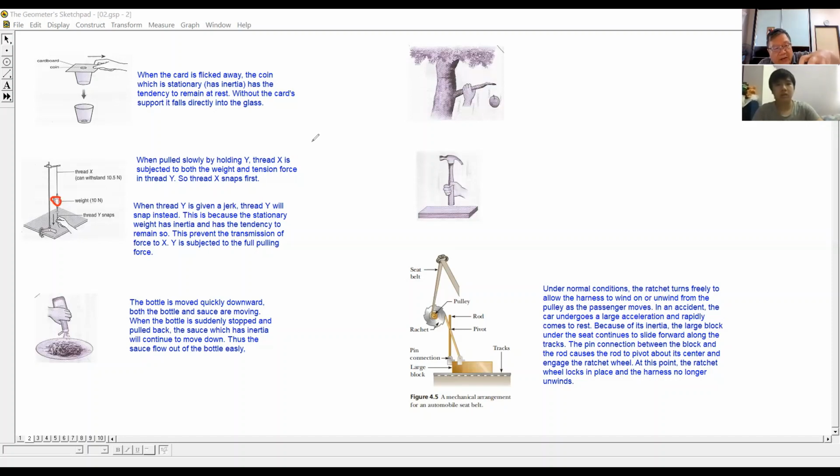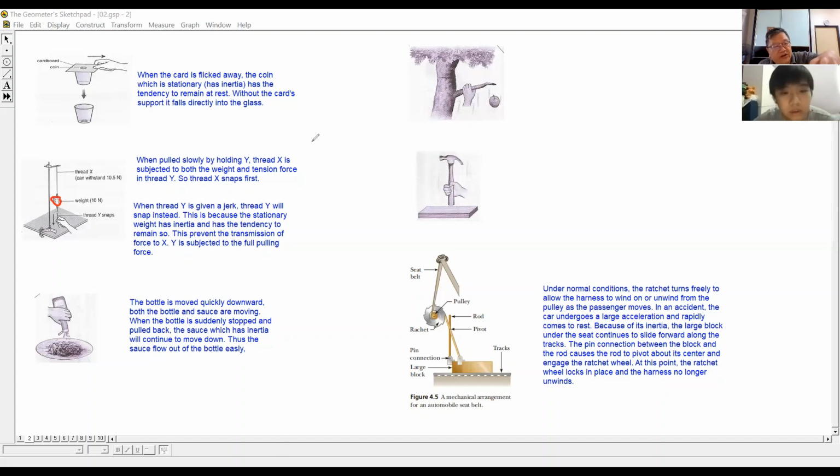So as a result, the force of your jerk at the bottom is not transmitted to the string at the top, the thread X at the top there. The inertia of the 10 Newton weight prevents the force from transmitting to the top.